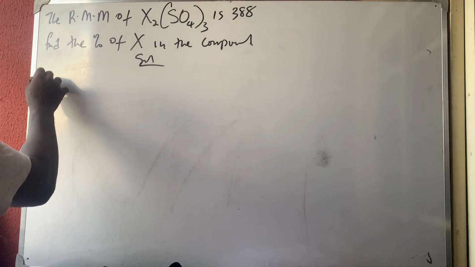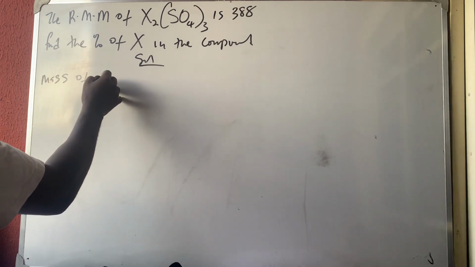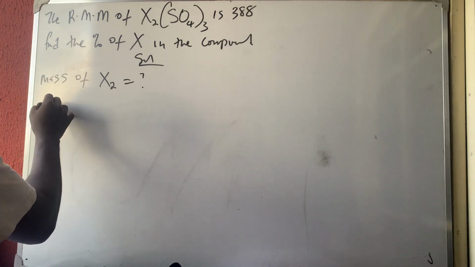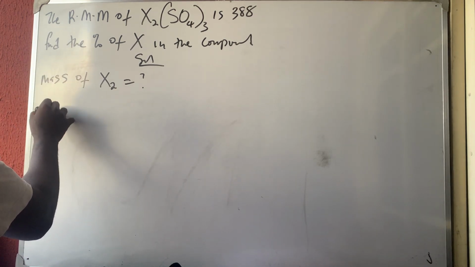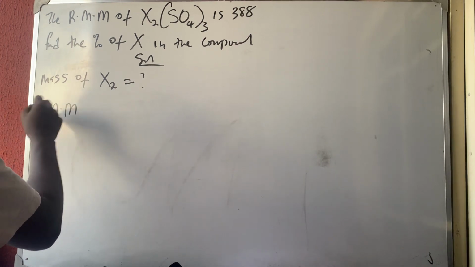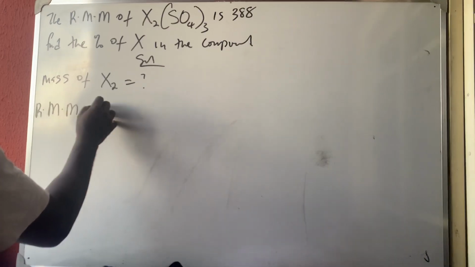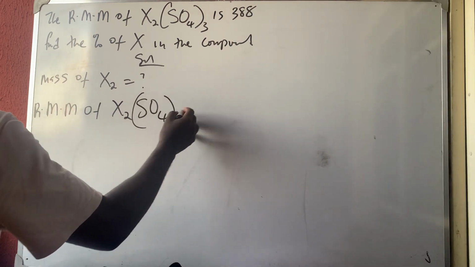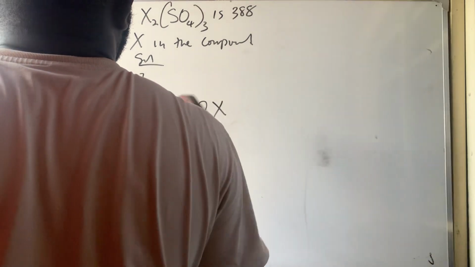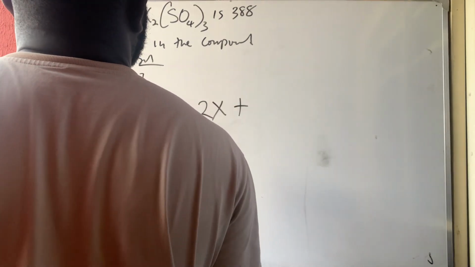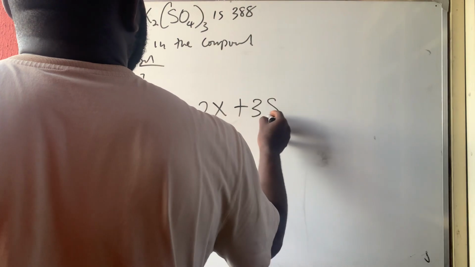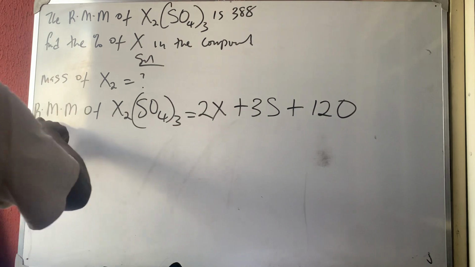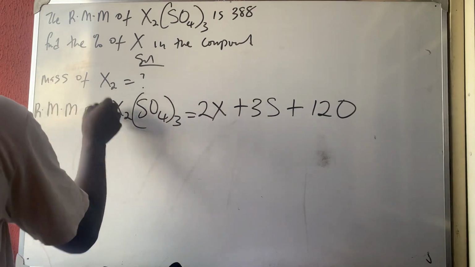Now, first of all, the mass of X2 is unknown, but they gave us that the relative molar mass of X2(SO4)3 is 2 of X plus 3 of S plus 3 times 4, 12 of O. They are giving us that the relative molecular mass is 388.